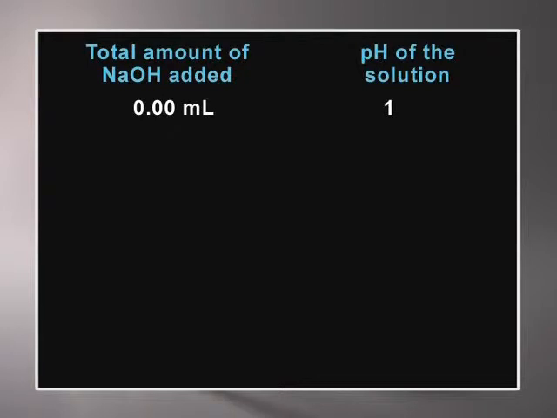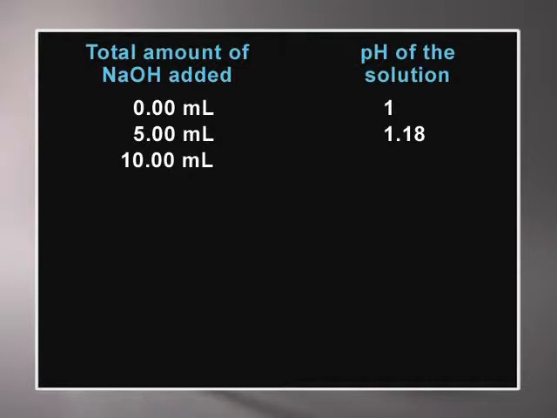Okay, now I'm going to add 5 milliliters of 10th molar sodium hydroxide. It turns out that, as we would expect, that will raise the pH of the solution. I'm adding a base, so the pH should go up. And after adding 5 milliliters of sodium hydroxide, the pH is equal to 1.18. So it's risen by about 0.18 pH units. I'll add another 5 milliliters of NaOH.